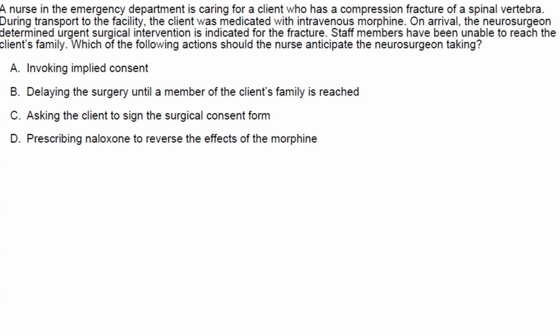So the neurosurgeon has the legal right to invoke implied consent and proceed with the surgery if it is determined an emergency, and surgery is in the client's best interest. So the neurosurgeon should document the specifics of the situation in the patient's medical record and go ahead and perform the surgery.